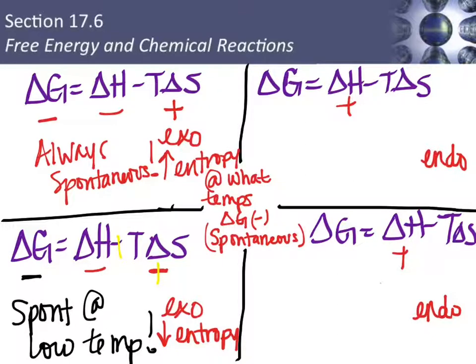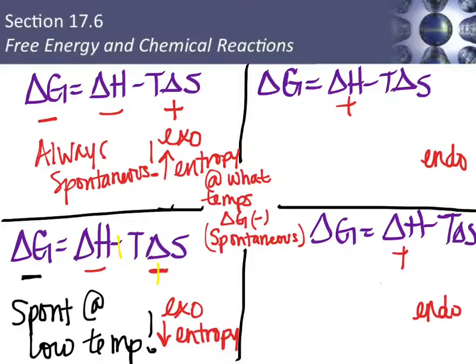If this number is really small, if I have a low T. Because this is a really high negative, and this is a really low positive, so the total would be negative. And it's not just the T, it's T delta S, right? Well, your T has to be low because it's going to multiply by that S and bring that number down. But it would be one term once we're adding it. Once you multiply them, yes.